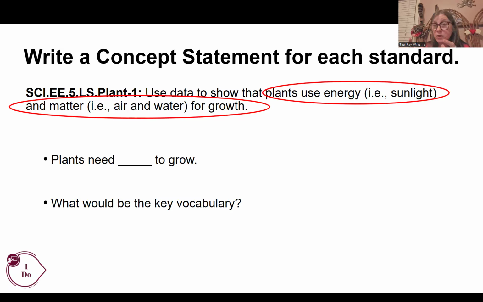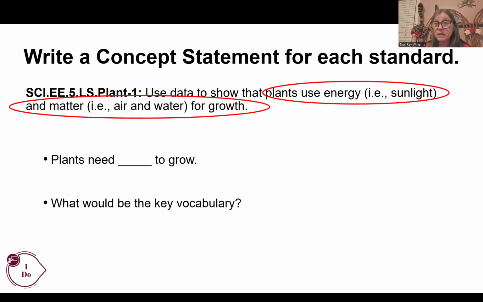Now, that could be one lesson that you just teach, or it could be multiple lessons. And then you might teach plants need air to grow, might be one lesson or three lessons, or plants need water to grow, several lessons or one. Or your students might be at a level that you could teach them plants need matter to grow.